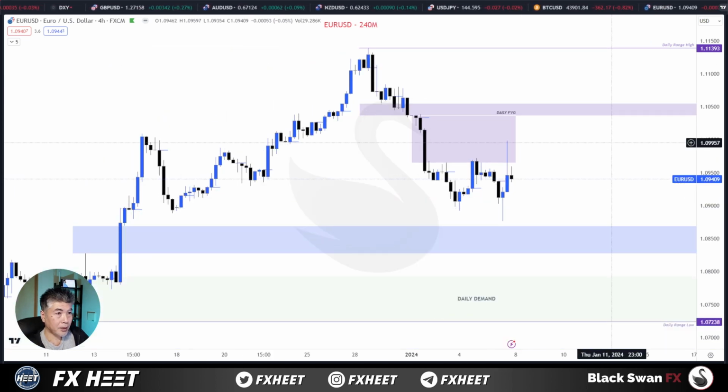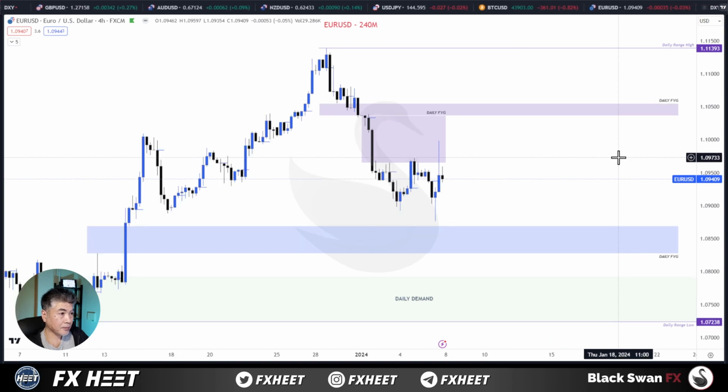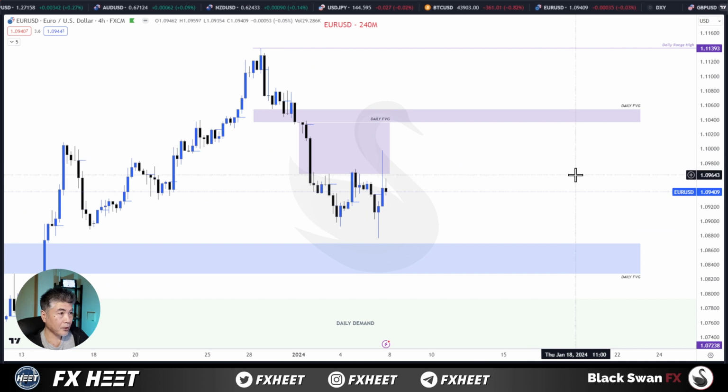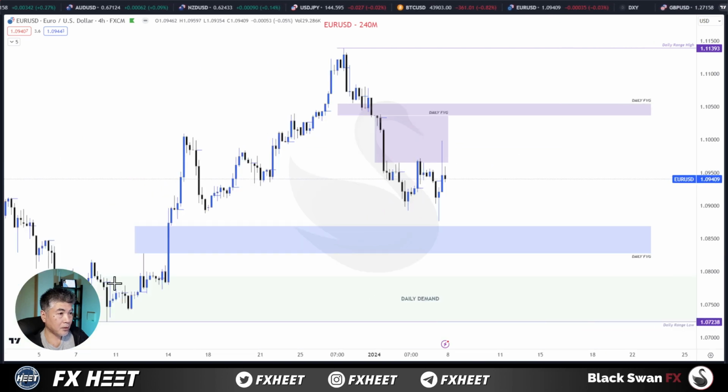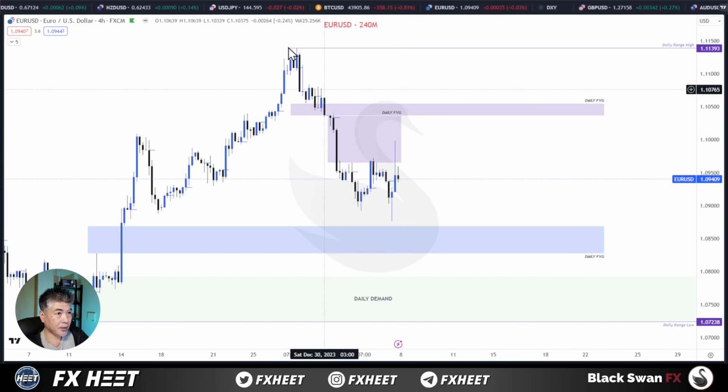Okay, so now on to the 4-hour time frame. So for now, the daily range is here. The 4-hour range is actually in this area.